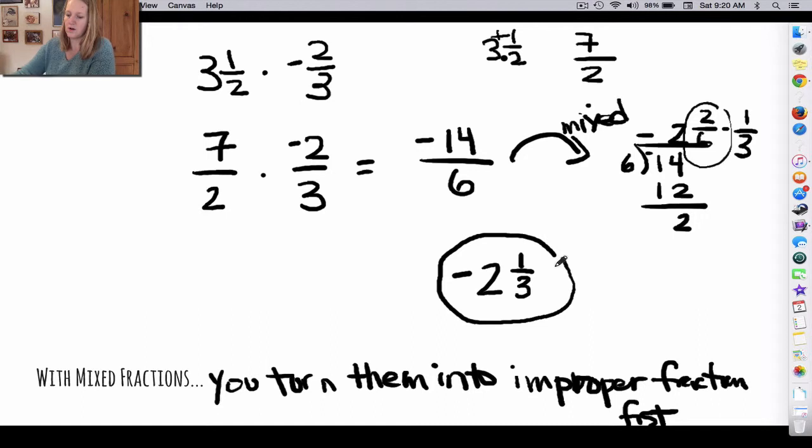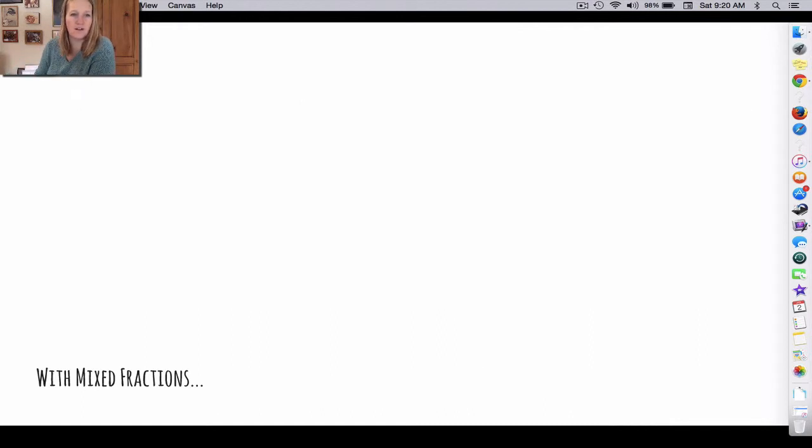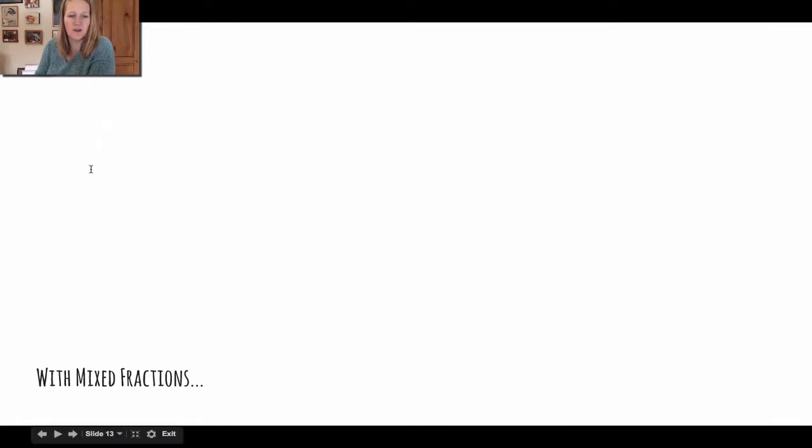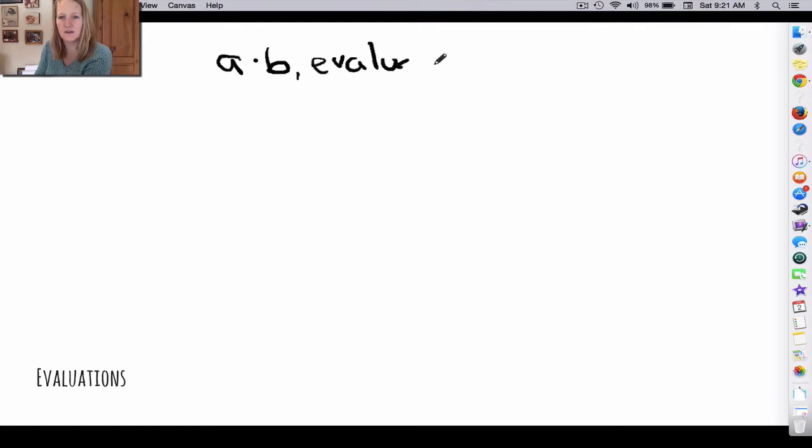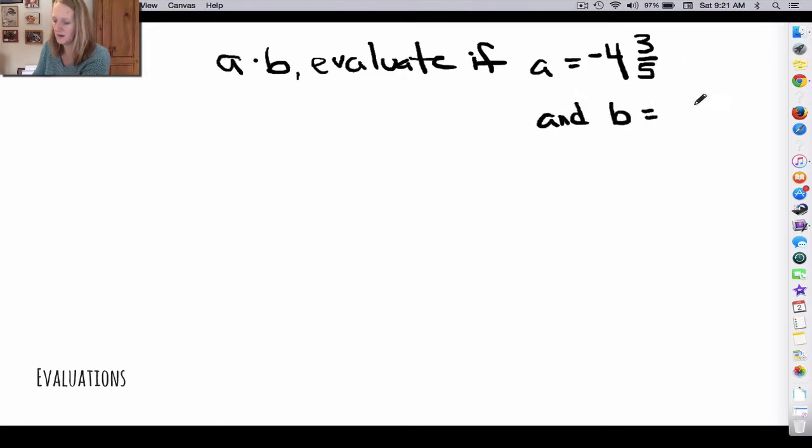Okay, just one more example that you might see in your book. If you recall, evaluations, when you have to evaluate a problem. So, for example, if I have A times B, if that's the problem, and then it says evaluate if A equals -4 3/5 and B equals 1 3/7.